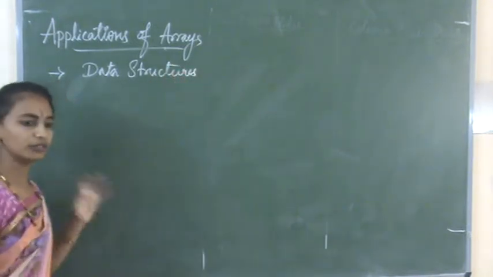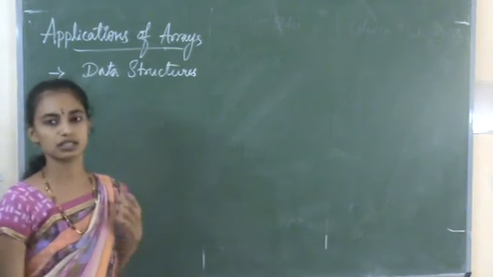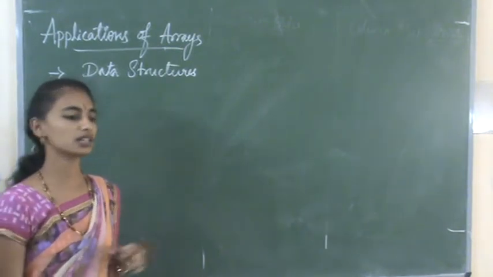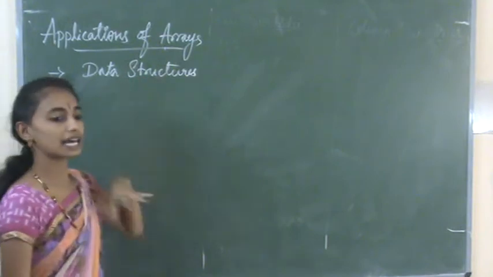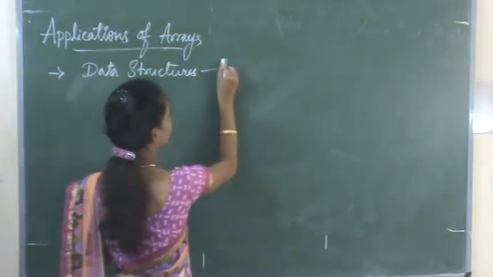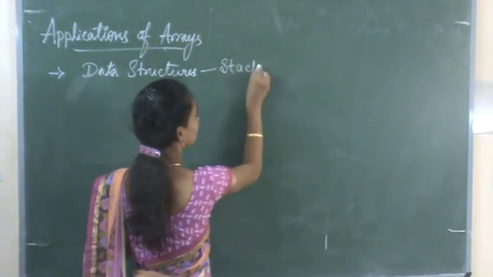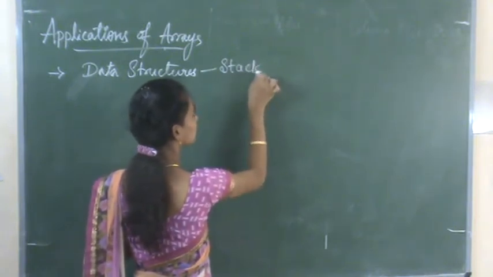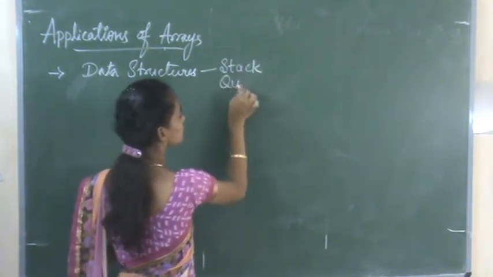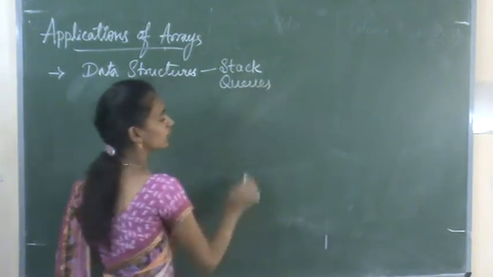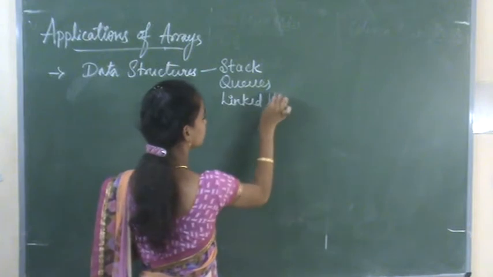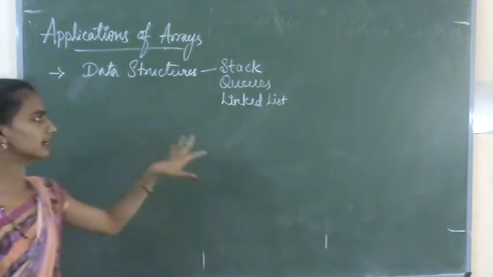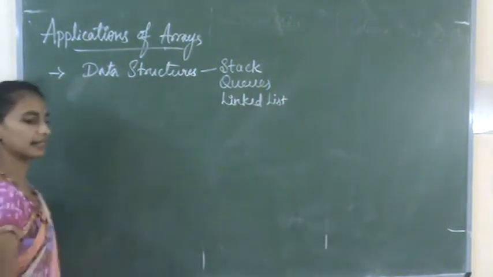So we know different types of data structures, right? So in that one is array. So this array is used in other data structures like stack, queues, linked list. Okay, so these are the other data structures we will study afterwards.